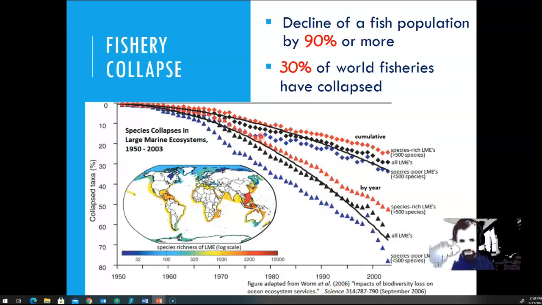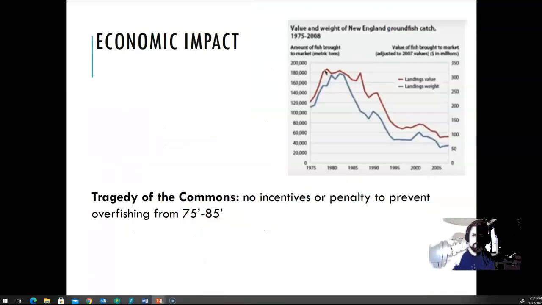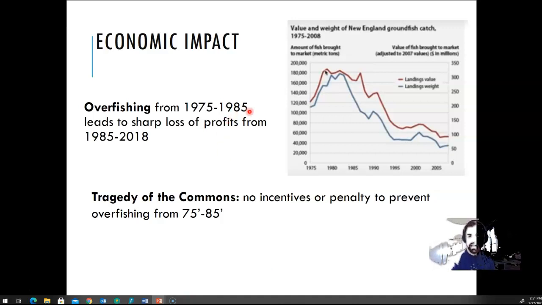And you can see these are the different fish species that have been declining at a massive scale globally. And then remember, we have the economic impact. So from overfishing, what happened is, as one example, in 1975 to 1985, the groundfish in New England had been caught at such a huge amount that the values went down and the profits went down because there was a surplus of fish, so the cost went down, and then the amount of fish that were able to be caught went so far down.